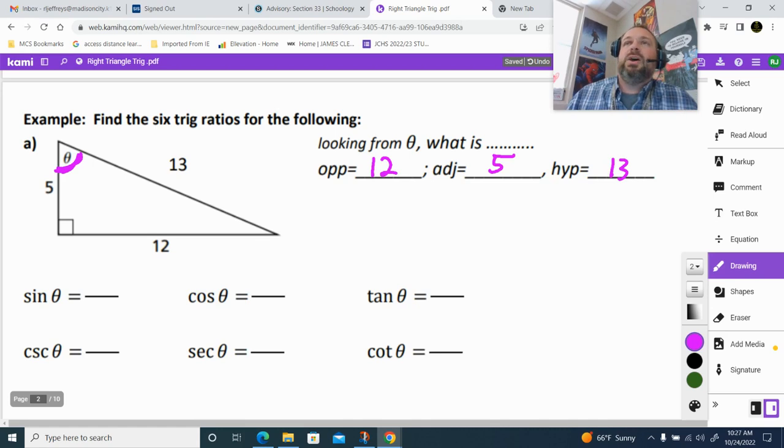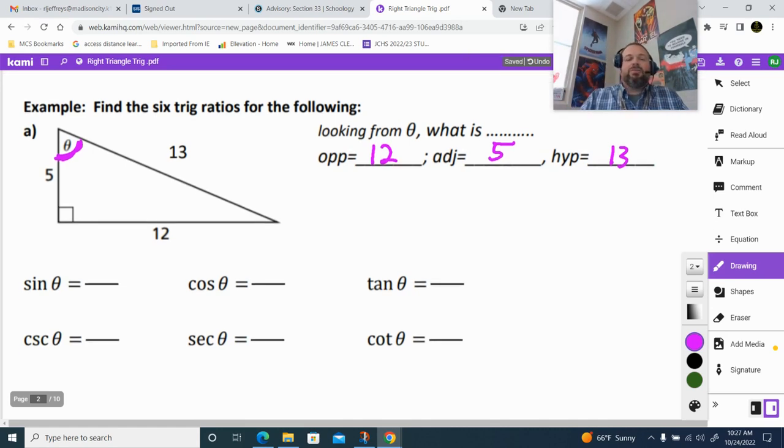Okay, so now our sine is opposite over hypotenuse. So this would be 12 over 13. Our cosine is our adjacent over our hypotenuse. So this would be 5 over 13.